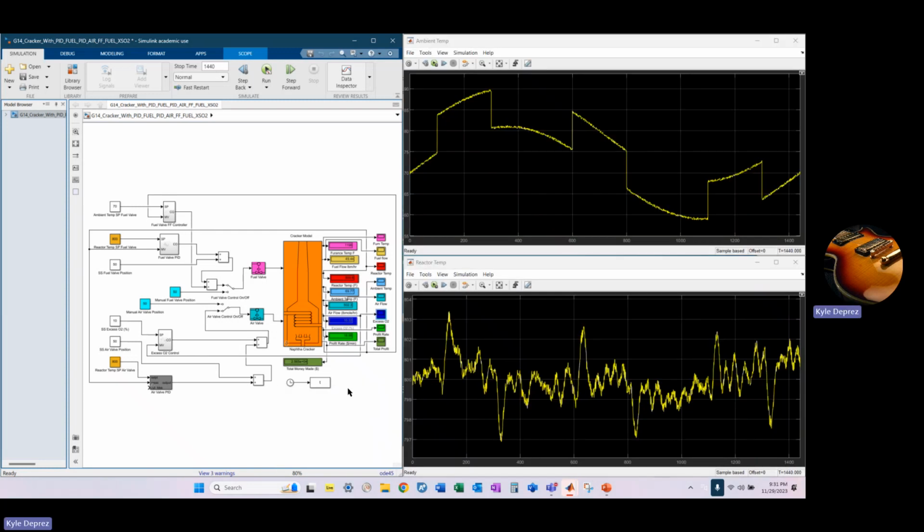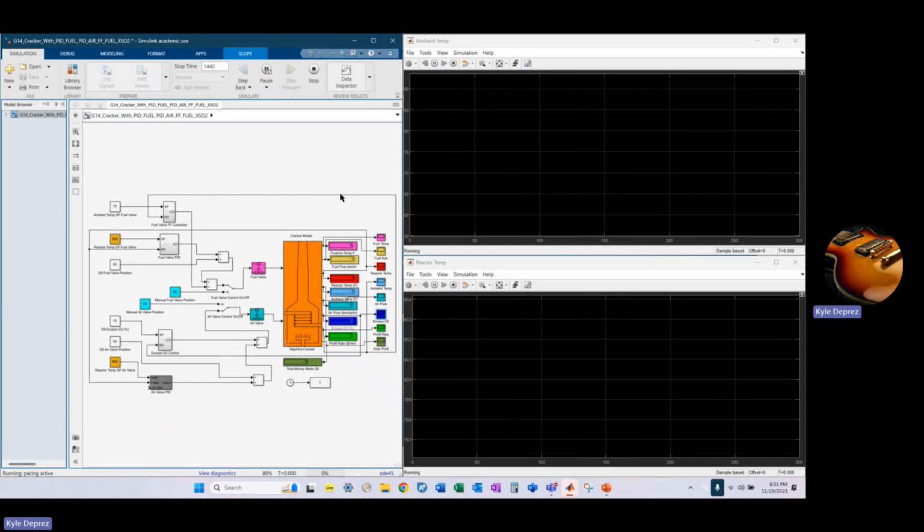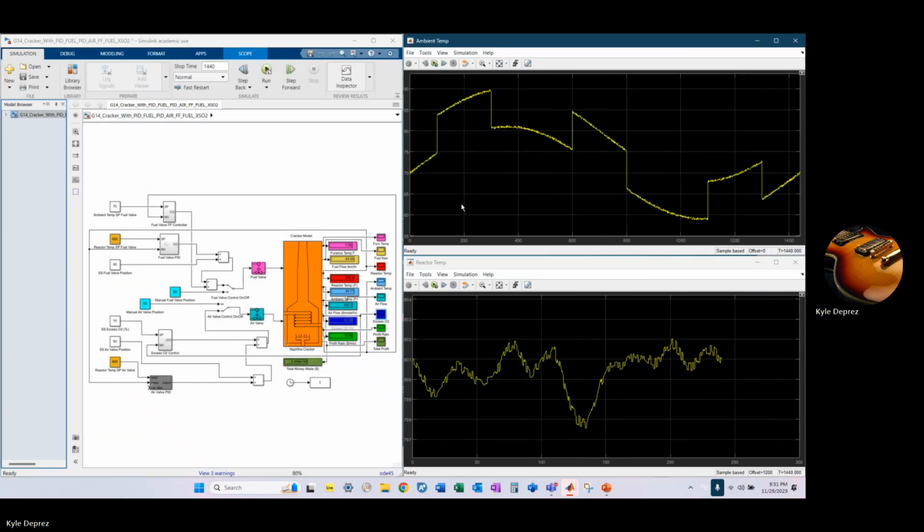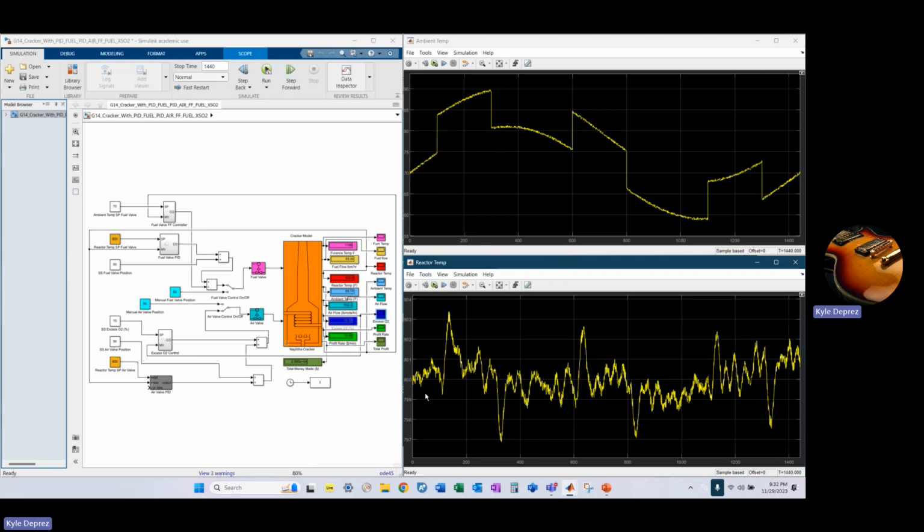Okay, so here we have our control system in Simulink. After running, you can see the ambient temperature and our reactor temperature. The reactor temperature stays around the set point of 800 within about 3 degrees.